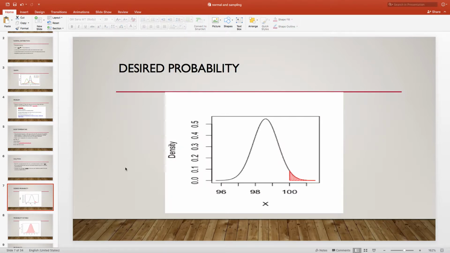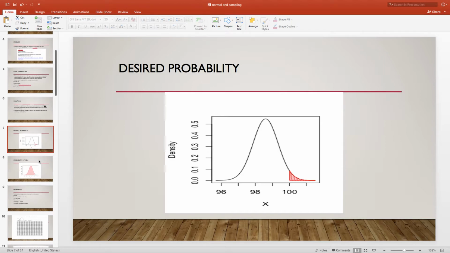I have graphed that density function, and it has a mean of 98.6, and I want to calculate the probability that our observation is greater than 100, so I want all this area that is greater than 100. That represents probability.